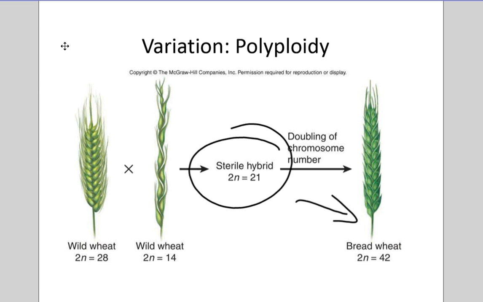In plants, for instance, it creates bread wheat, which is a hardier version than the two wild wheats. So in plants, this can be a good thing, and again, this leads to variation in populations. You see this in plants quite a bit.